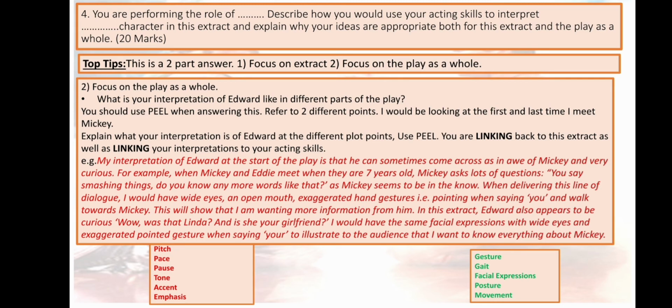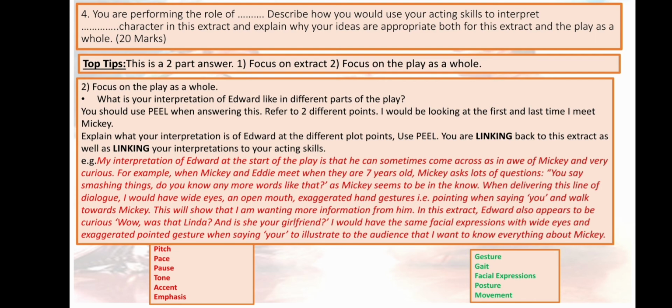You should use point, evidence, explanation and link when answering this. Refer to 2 different points. Explain what your interpretation is of Mrs. Johnston at 2 different plot points. Use PEEL. You are linking back to this extract as well as linking your interpretations to your acting skills.